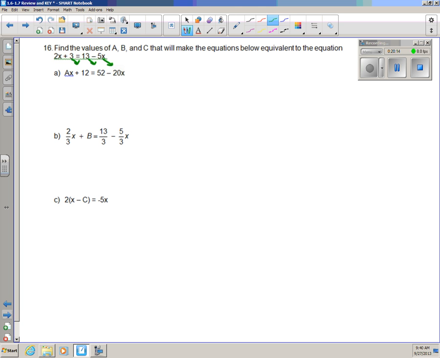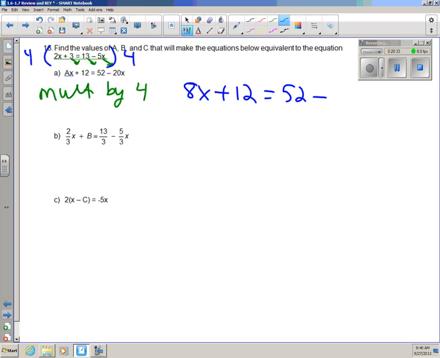And hopefully you realize that, yeah, you're multiplying the entire equation by 4. If I multiply this whole thing by 4, I'm going to get 4 times 2, 8x, 4 times 3 is 12, 13 times 4 is 52, and 5 times 4 is negative 20x. So what's the value for A? A equals 8.